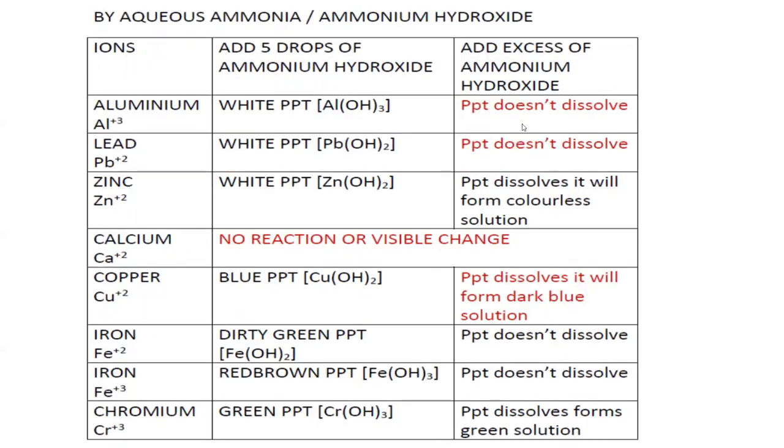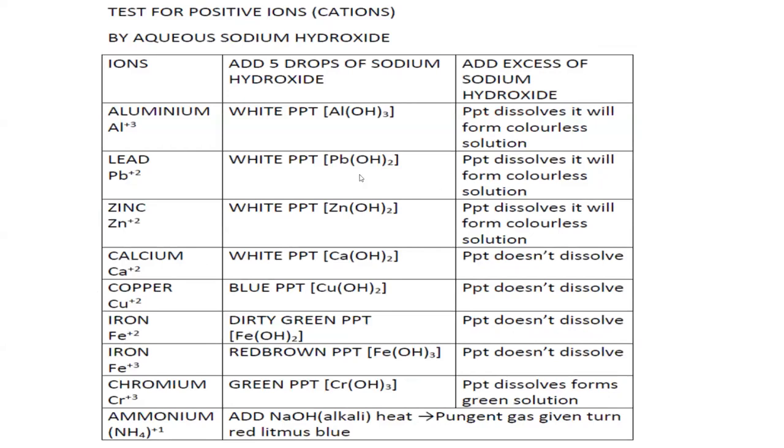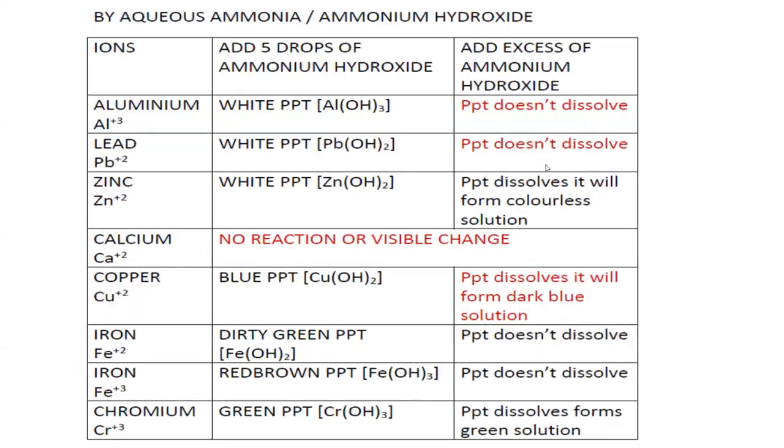So it is written in red here just to make you understand that these are the differences between the two tables. When sodium hydroxide is added to a lead salt, it will be a white precipitate, but the precipitate does not dissolve. In the previous one, with lead, the precipitate dissolved, but here the precipitate does not dissolve.